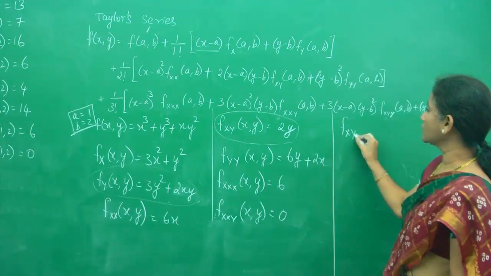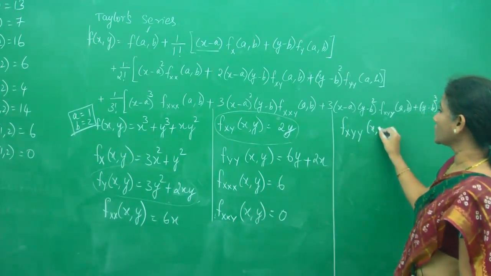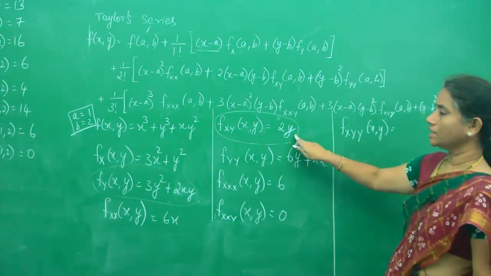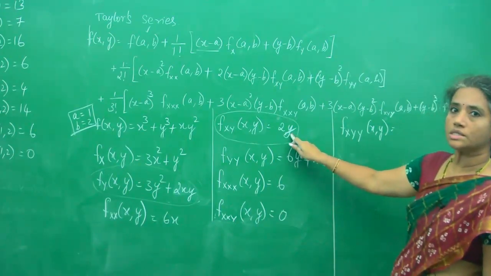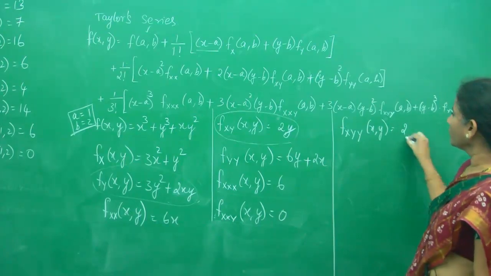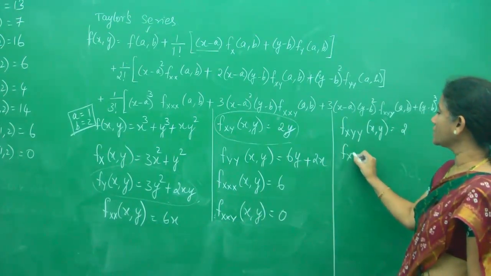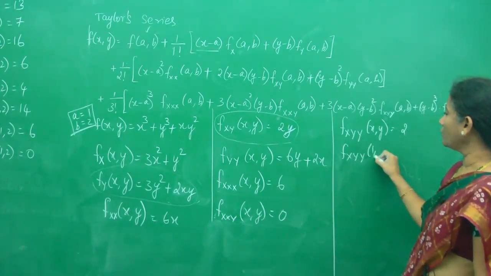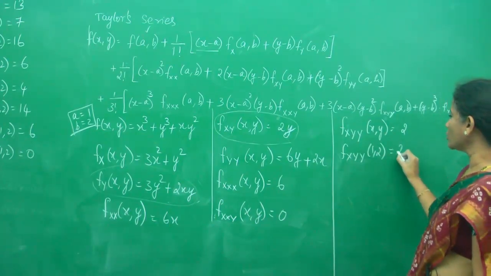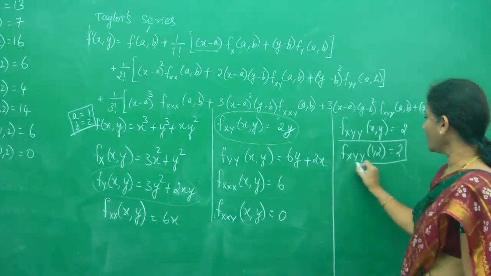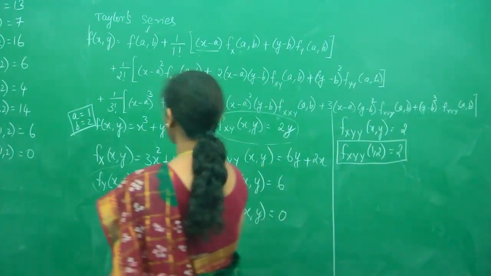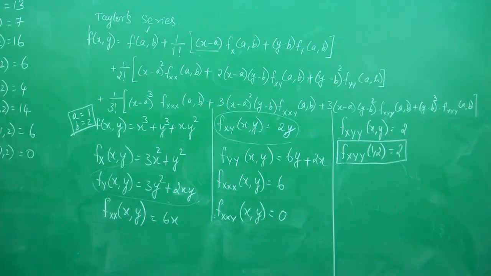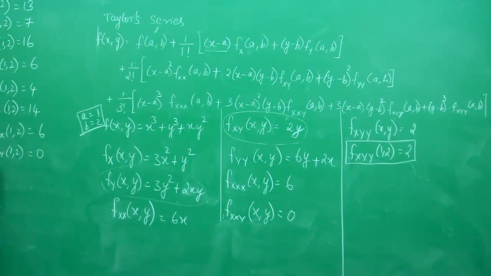So fxyy of xy is, this is in terms of y, we are finding the derivative with respect to y, so your answer is 2. And fxyy of 1, 2 is also 2, because when it is a constant, for any value, fxyy is 2.